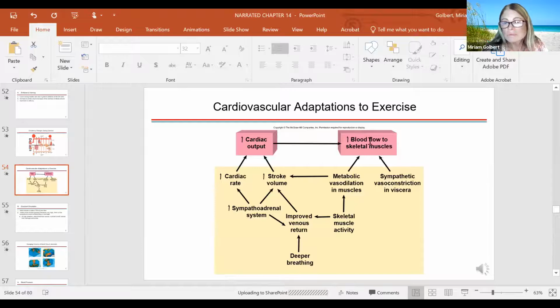Because you have more blood flow, you increase your venous return and you continue the cycle until you stop exercising, right? In the cool down, all that is reverted, right? We slow our heart rate, we decrease our stroke volume, we decrease our cardiac output. There's not a lot of blood going to the skeletal muscles.